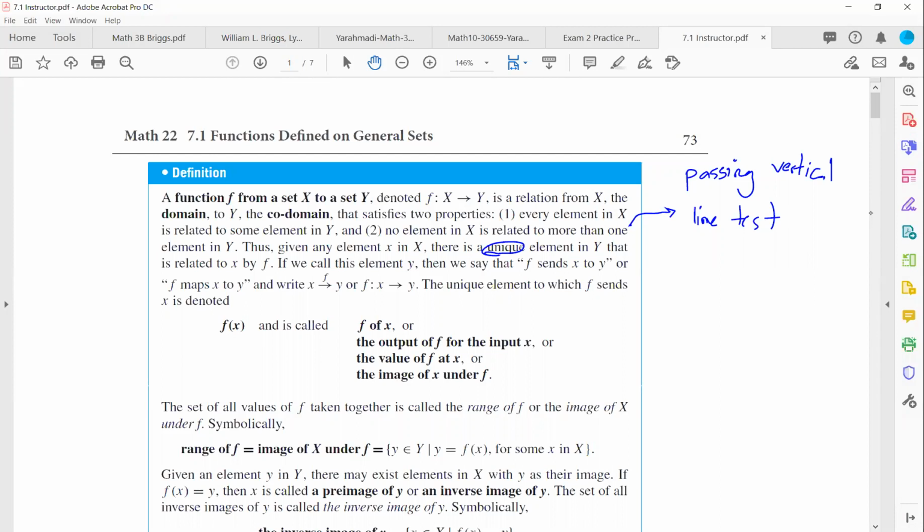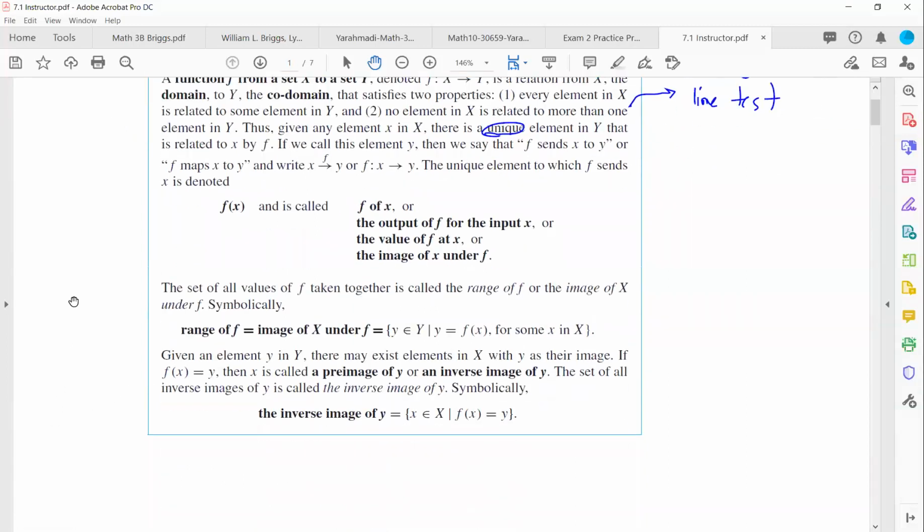The unique element to which f sends x is denoted by f of x. It's called f of x, the output of f for the input x, or the value of f at x. Or you can also say that f of x is the image of x under f.